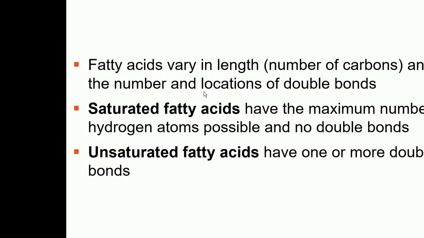Because in the saturated fatty acids the carbons are linked to each other by single bonds, they have more hydrogens in them. So they are called saturated, which means they are saturated with hydrogens.